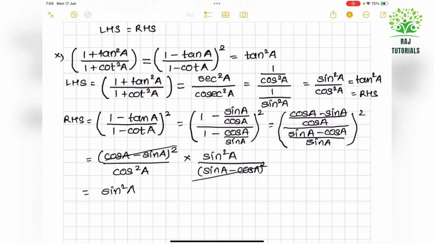So I can cut this too. So it will be sine square A upon cos square A.